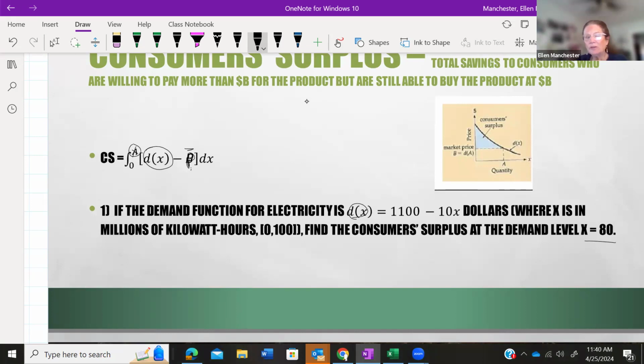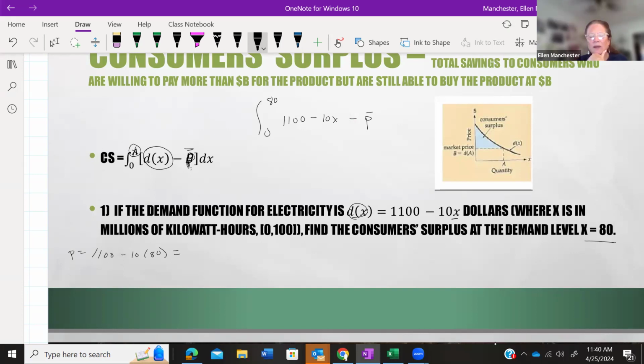And you can't move forward until you have that price, right? Because if I set this up, I have 0 to 80, I have my function, but I don't have my price to subtract off. So I've got to find it. The way you find it is you take your X and you literally plug it in. Remember, the demand function is the price based on the demand. So all you're going to do is plug in that X value, and this will give you your price.